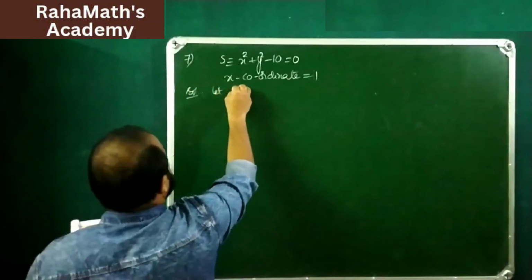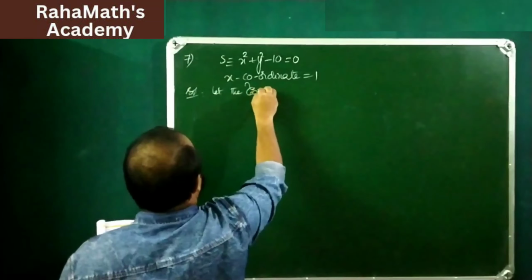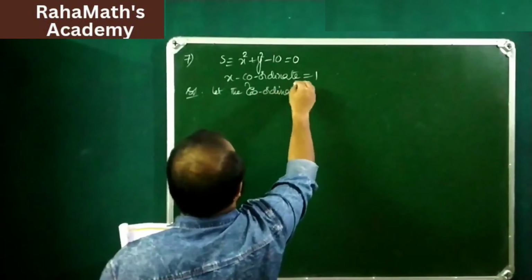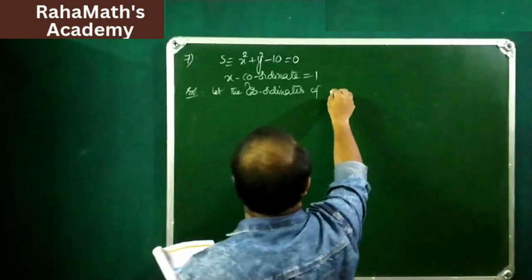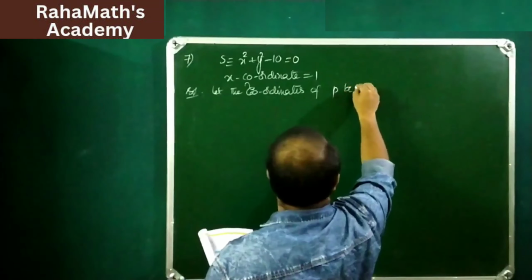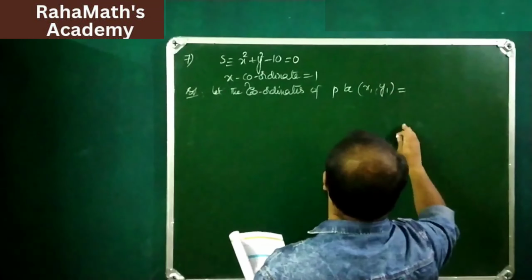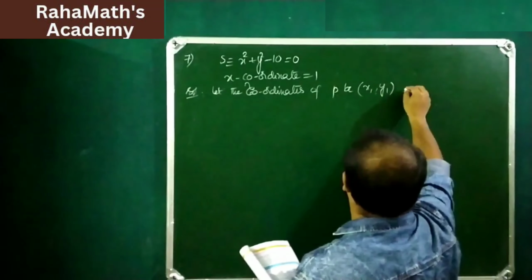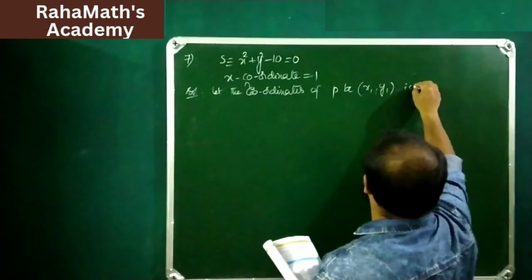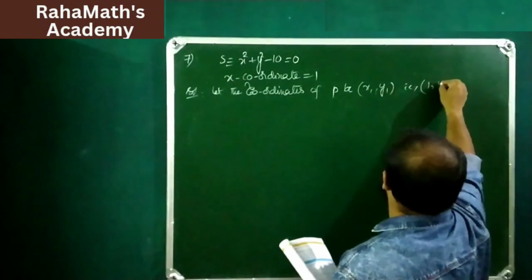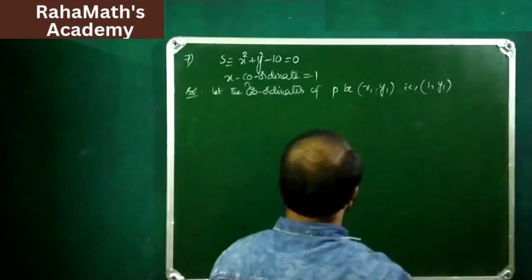Let the coordinates of P be (x1, y1). So this will become, that is, x1 value is 1, comma y1.